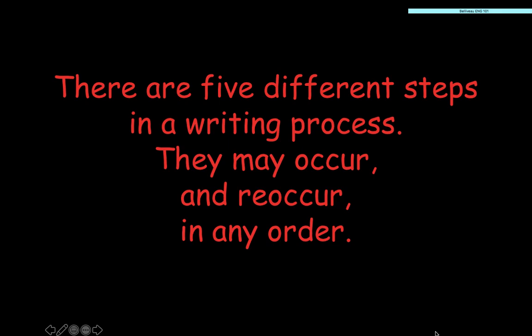There is no one right way to do this. So these steps are all part of a writing process, but they might occur in a different order than I put here. You might go back and do something more than once. That's okay. That is perfectly fine.